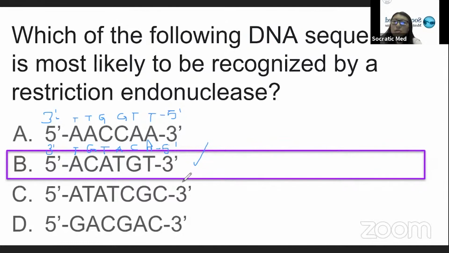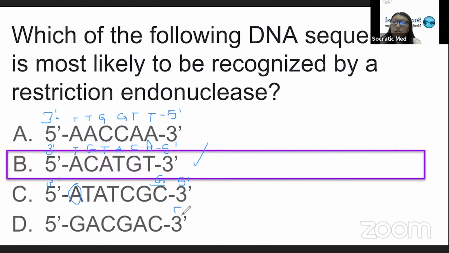For choice C, we could also do this just to make sure everything is right. Starting off from the first C, in this complementary sequence, even from the 5 prime to 3 prime, it would start with a G. This is already different from the forward sequence, which starts with an A. So A versus G, and we're already able to determine that's not going to be the right answer.